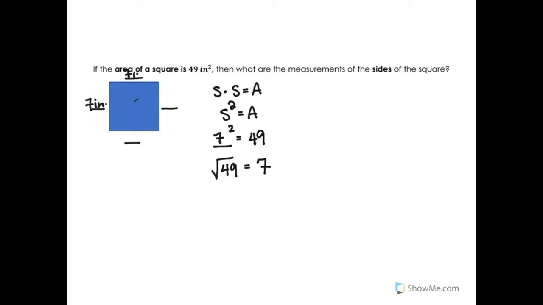And that means this is also 7 inches, this is 7 inches, and this is 7 inches. Once I find one side of my square, then I know already what all the sides measure. And I can use that information to figure out any other operation that has to do with the sides of my square.